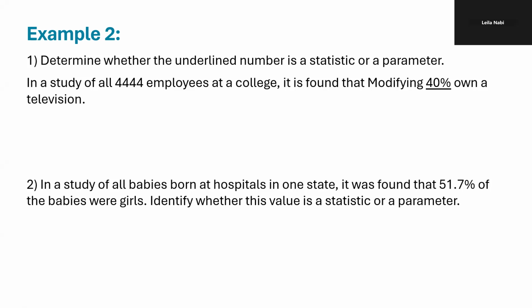It's a study on all babies at a hospital in one state. So in this study, the population is all babies at that hospital in that state. And this result that 51.7% of them are girls is a result from the whole population. Describing the population, that means that's a parameter.